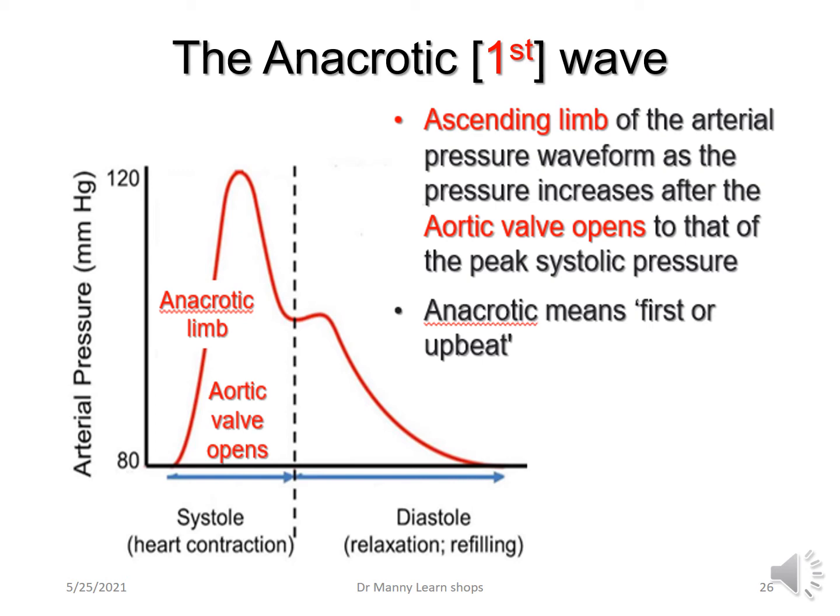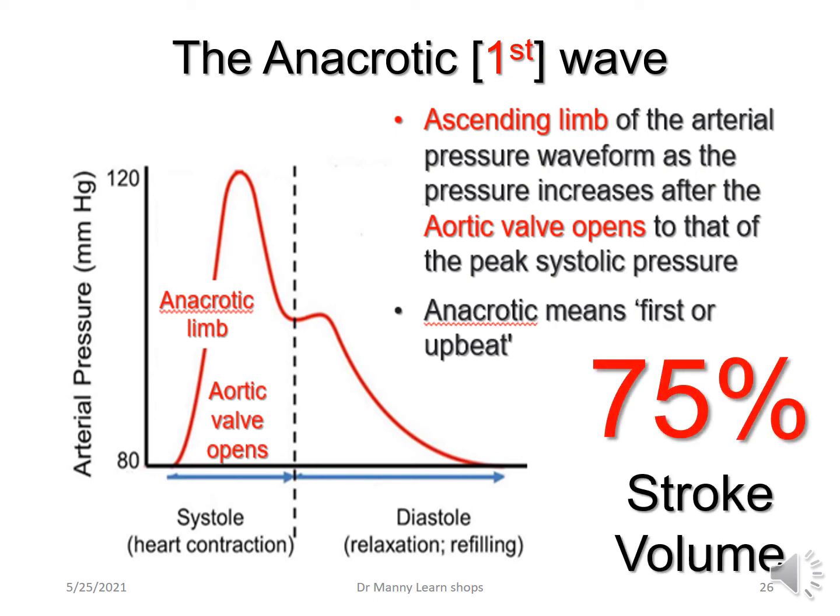Now the anachrotic basically means it's the first part of the blood pressure waveform, and in the Greek or in the Latin it basically means first or the upbeat. And during this phase you get 75% of stroke volume being ejected from the heart into the systemic circulation.